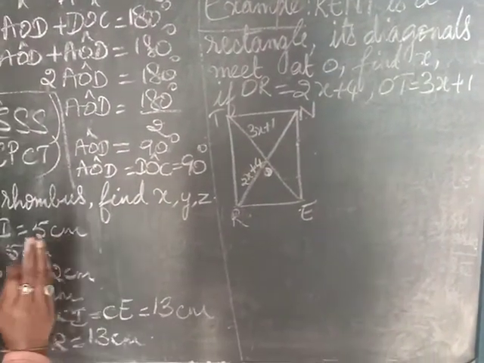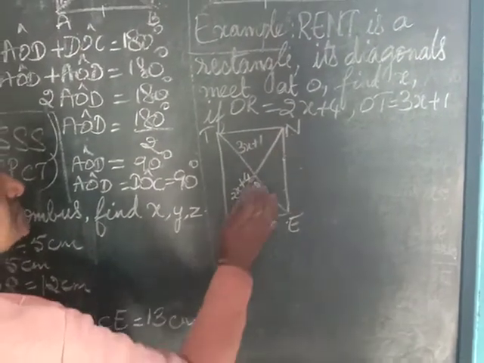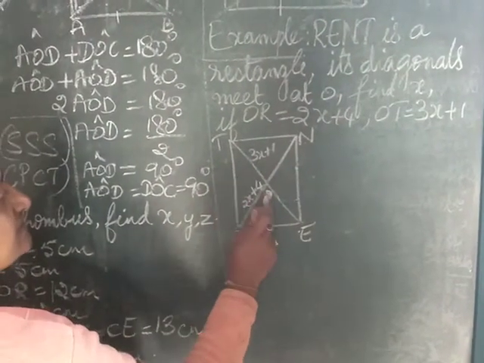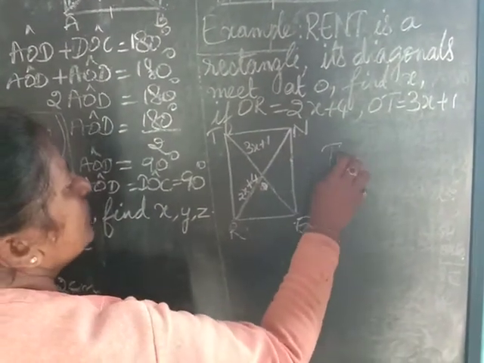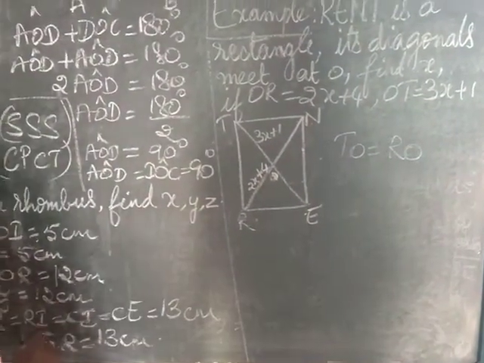Because of that, we can say TO is equal to RO. Can we write TO is equal to RO?